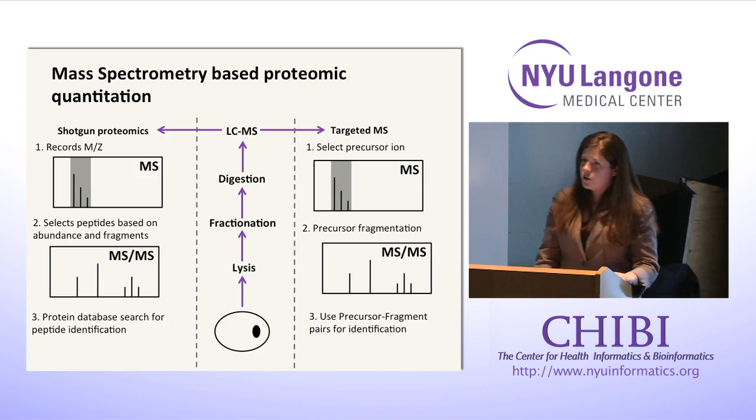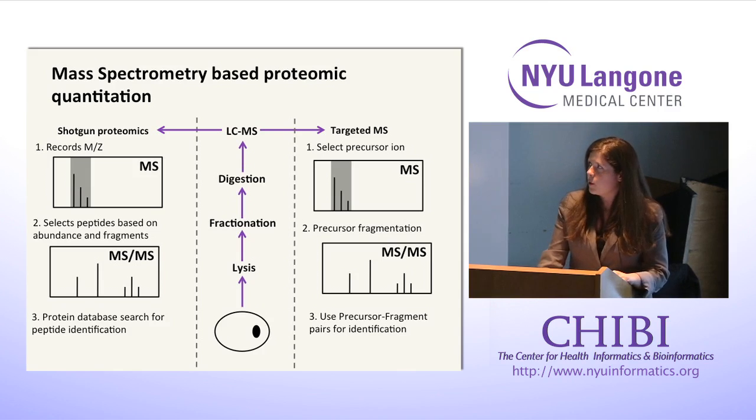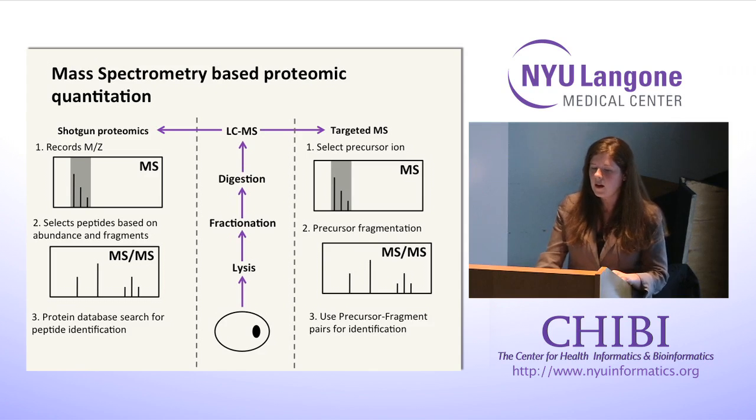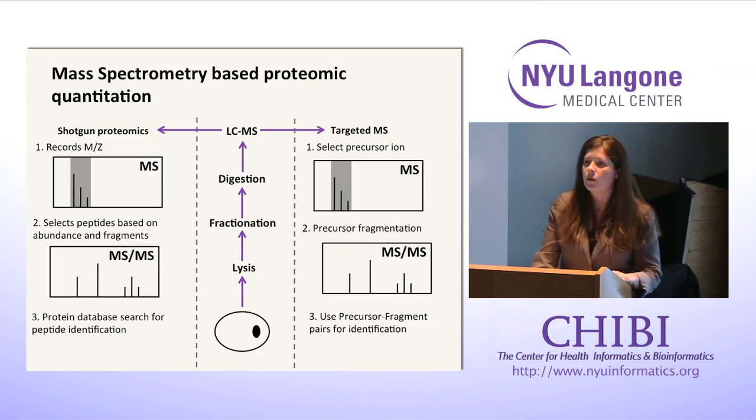So far I've told you about global and phosphoproteomics, and most of the proteomics that I've discussed is considered shotgun proteomics. After we lyse the sample, fractionate, and do trypsin digestion, we inject into the LC-MS, and the MS1 records the mass to charge ratio and selects the peptides that are the most abundant.